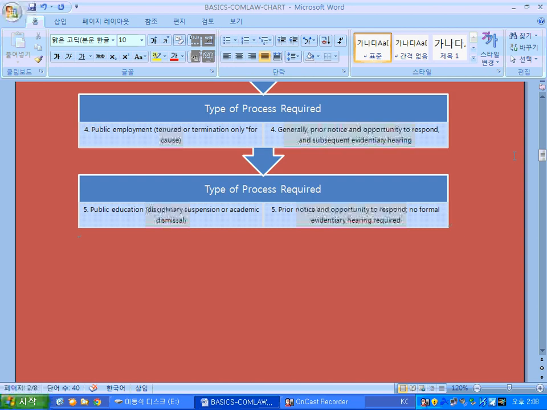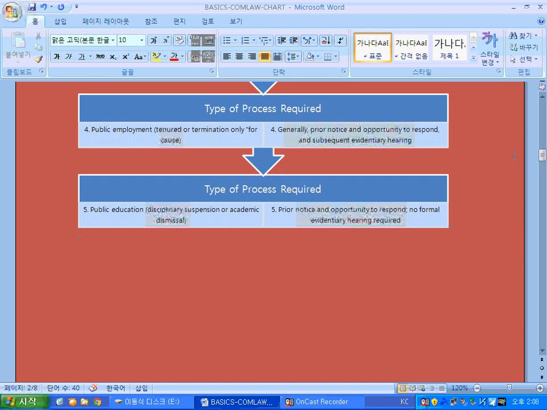There was a case involving public education. Let's think about a student of a public high school or a public university. There might be a disciplinary suspension or academic dismissal.